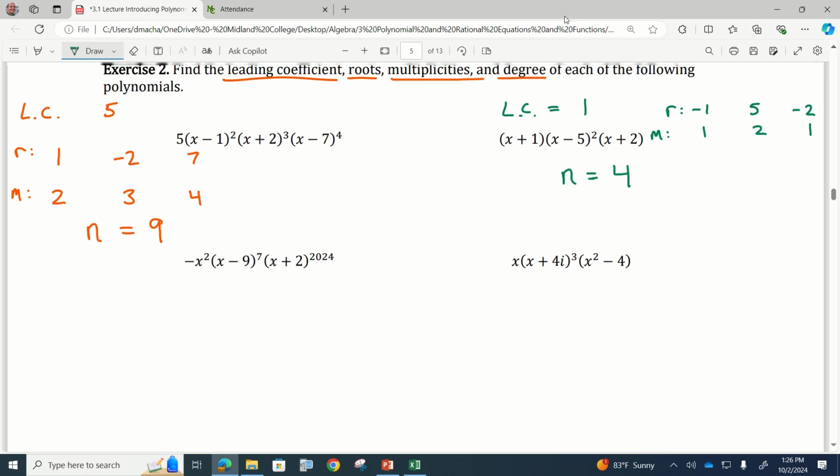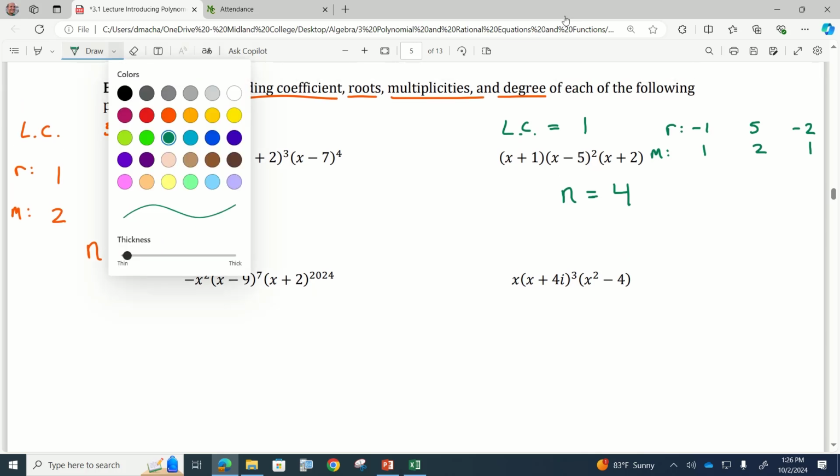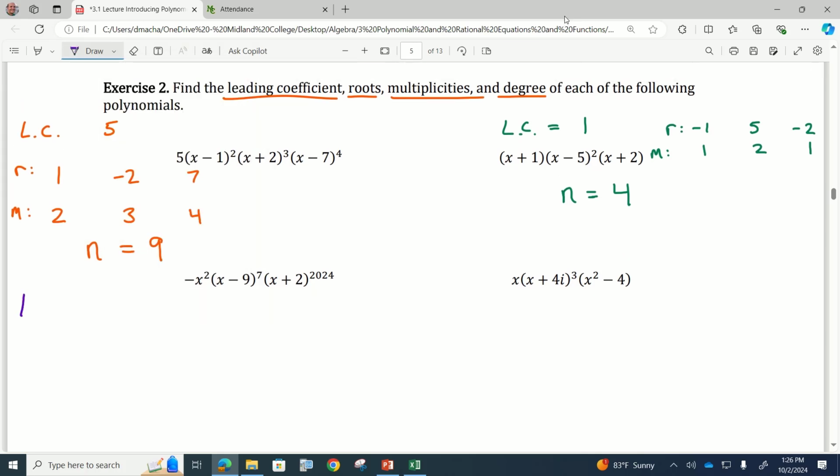All right, in the bottom left, what's the leading coefficient? -1. What are the roots? +9, -2. +9, -2, and there's one more root.